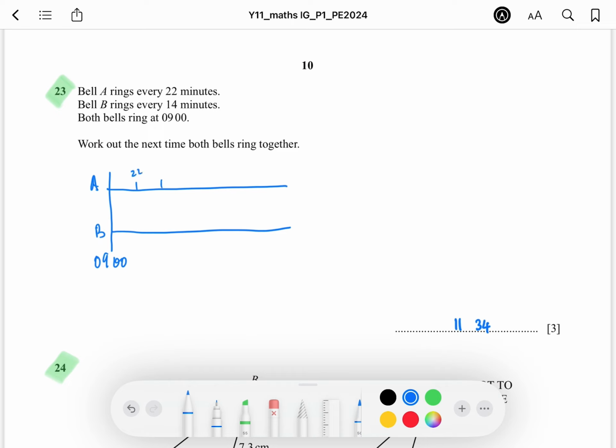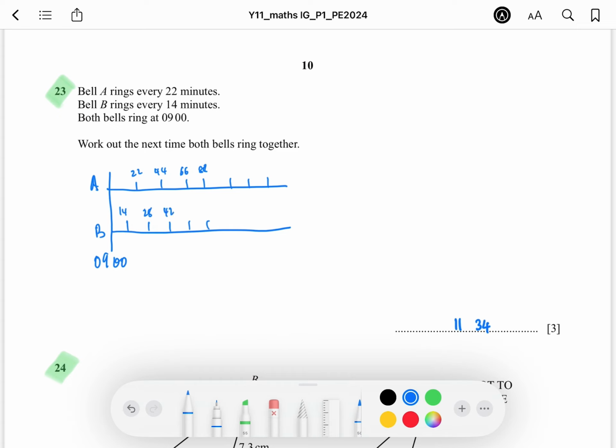So every 22 minutes, that's 44, 66, 88. While bell B is shorter, every 14, 28, that would be 42, and so on.